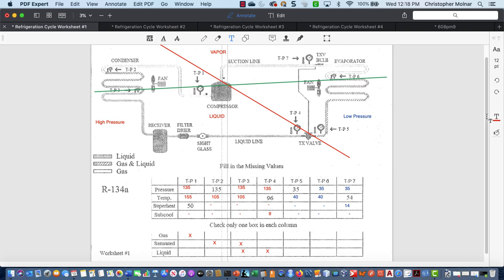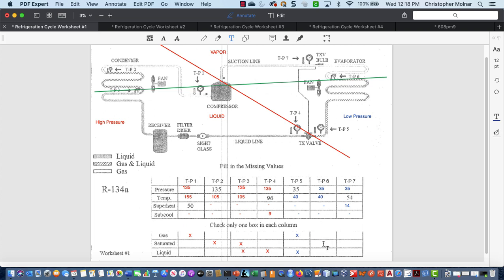Now coming up here, let's come back over to TP5. TP5 is actually something we call flash gas. So it's a combination of liquid and gas, because it's a low pressure liquid that is flashing off as it leaves the metering device.